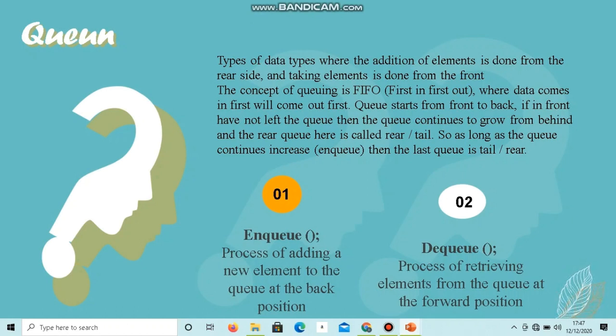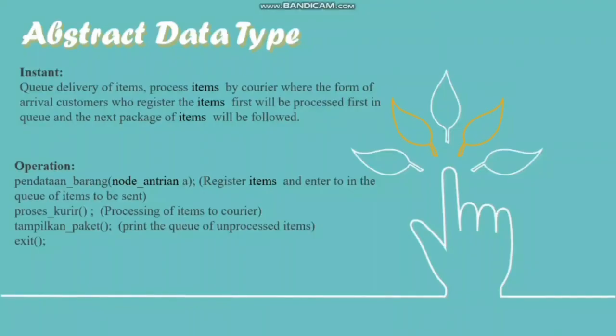So as long as the queue continues to increase, the last in the queue is the tail or rear. Enqueue is the process of adding a new element to the queue at the back position. Dequeue is the process of retrieving an element from the queue at the front position.